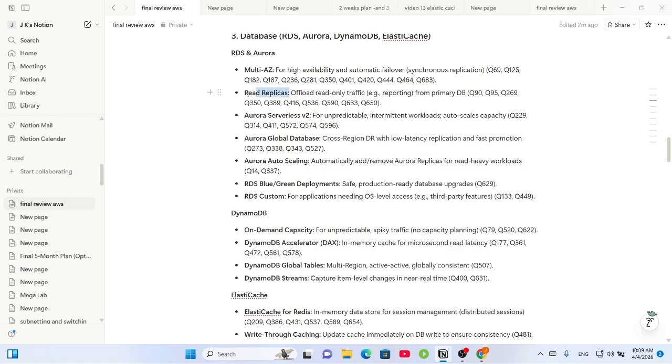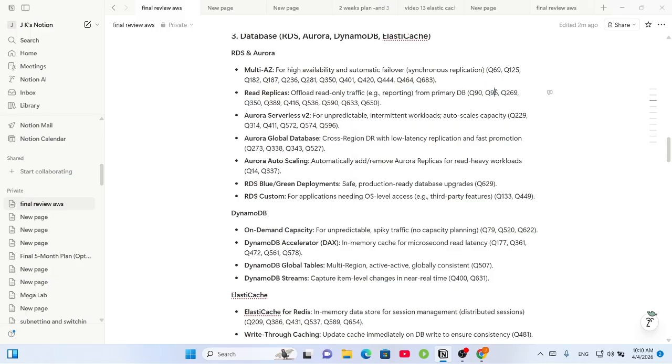And read replicas, we said this offloads read-only traffic, reporting, from your primary DB. You have one DB that's used mostly for writes, and you can have 2, 3 DBs specific for reads, only read replicas. You can do this setup if your application or systems are mostly focused on reads. And this is the idea.